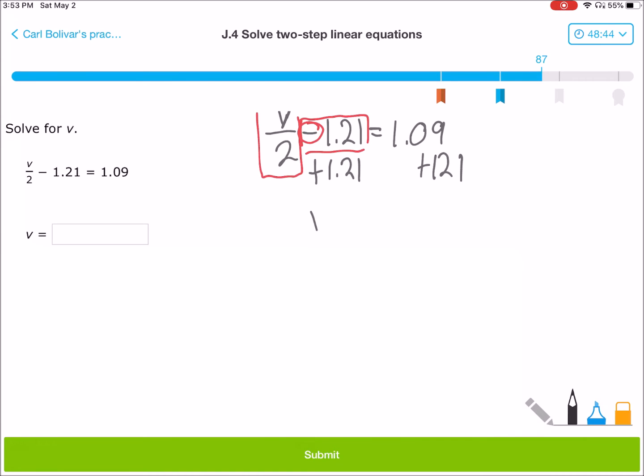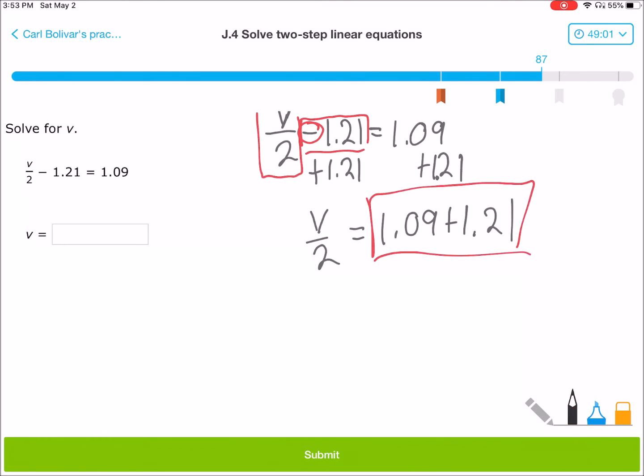And we will get v over 2 is equal to 1.09 plus, oh, I forgot the point there, 1.21. Alright? So then now when we simplify these two, we will get v over 2 is equal to 2.3. There we go.